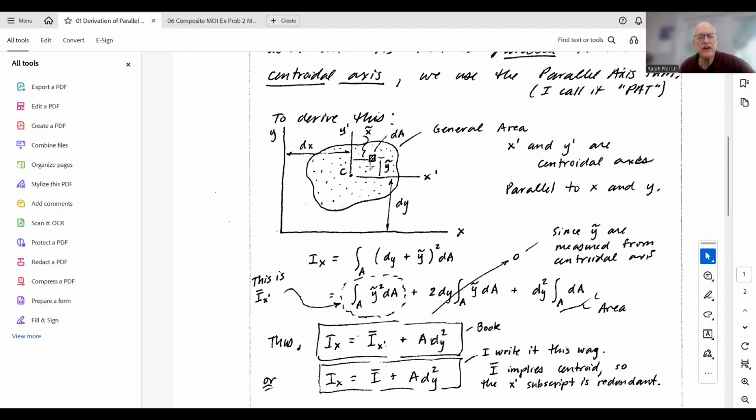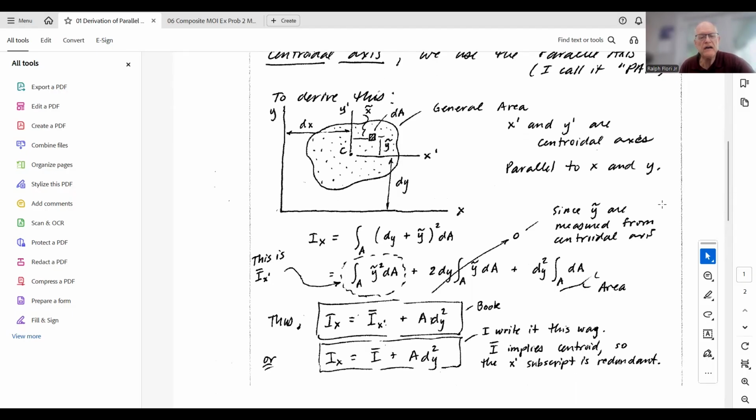And if we identify a little element dA on the area, and dA is some distance y tilde from the x prime axis and x tilde from the y prime axis, then to find the moment of inertia around the x-axis of this area, we find the distance from the x-axis to our dA.